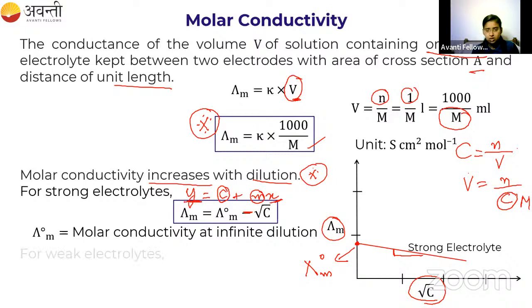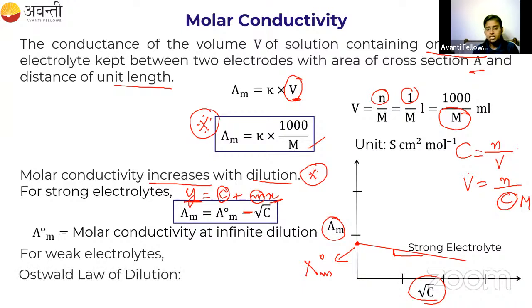And for weak electrolytes, weak electrolyte means weak acid like acetic acid, weak base like ammonium hydroxide, and weak acid base containing salts. Those are called weak electrolytes. For them, we have a law called Ostwald's law of dilution.